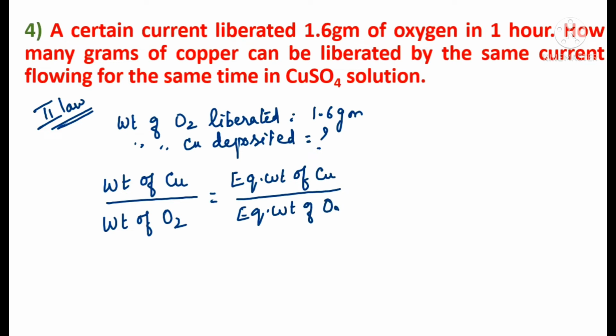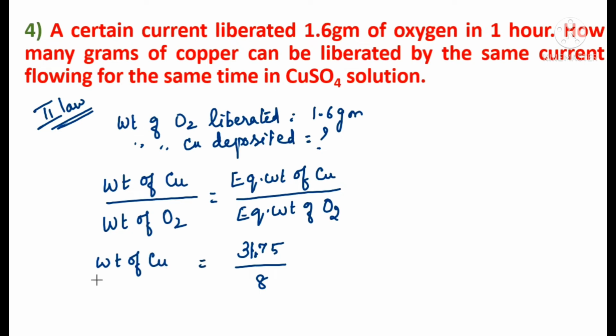See, for doing this type of problems, you should be aware of the equivalent weight of certain substances, right? So the equivalent weight of copper is 31.75, and equivalent weight of oxygen is 8. Okay, and now our intention is to calculate weight of copper.